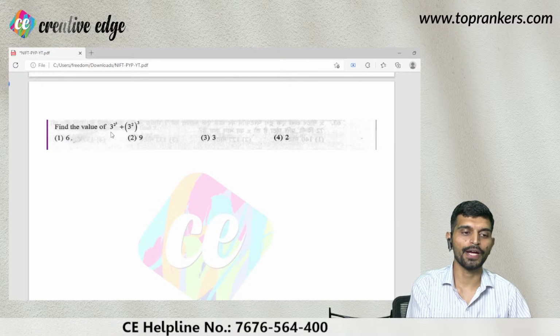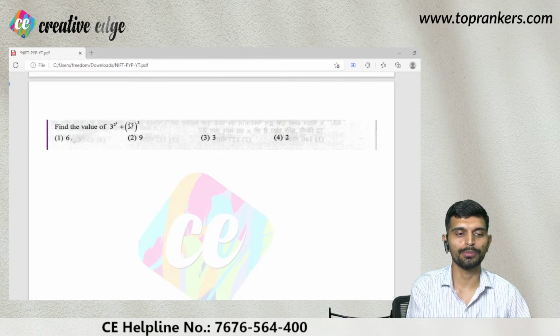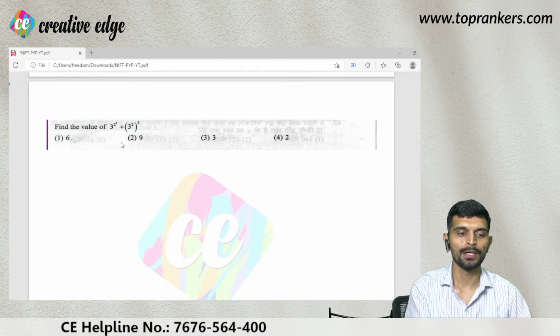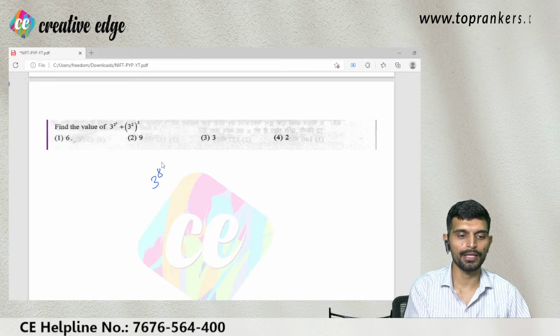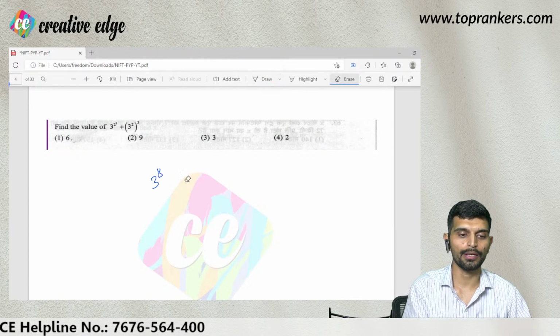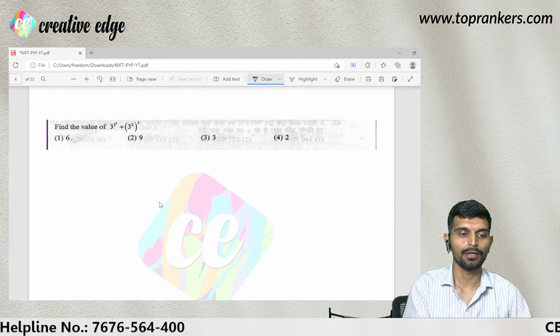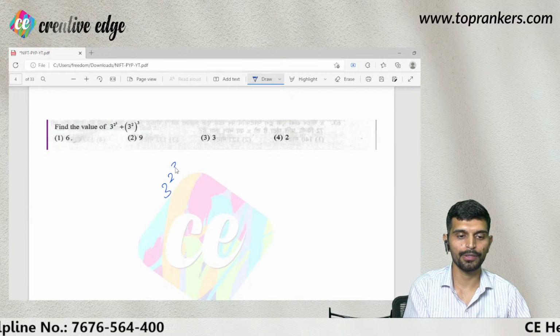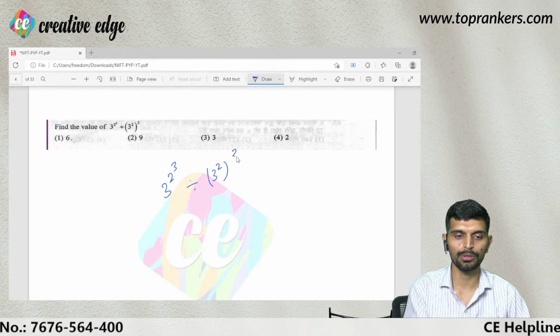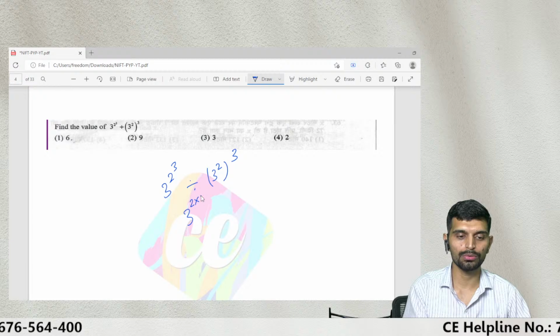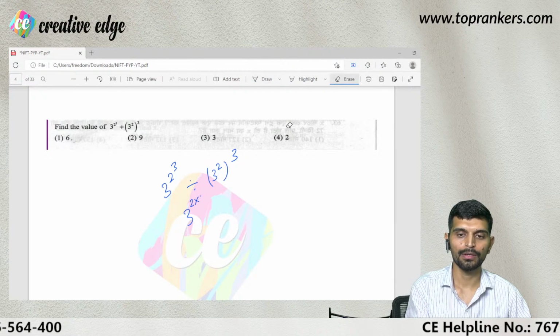Next question. Find the value of (3 to the power 2) to the power 3 divided by (3 to the power 2) whole to the power 3. So here, I can rewrite the first part as 3 to the power 2 into 2 to the power 3, right?